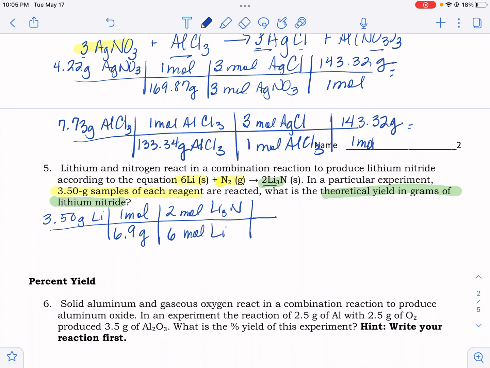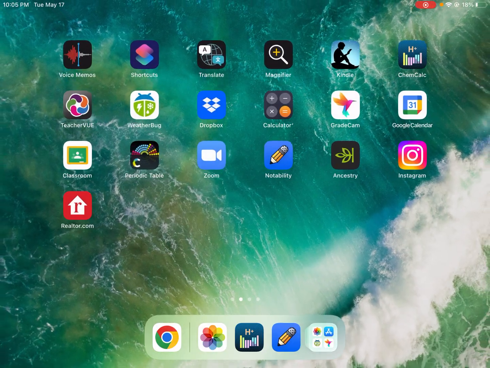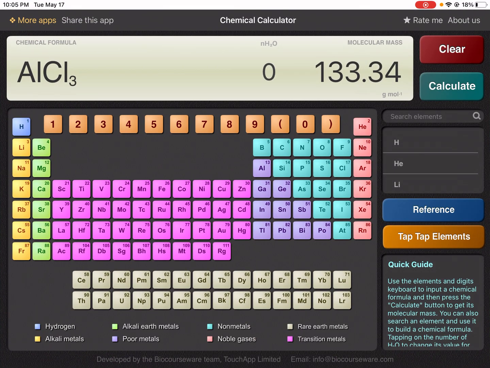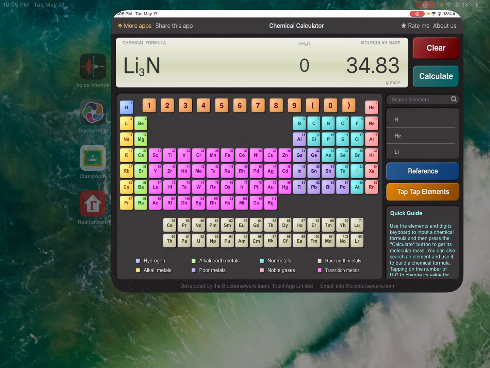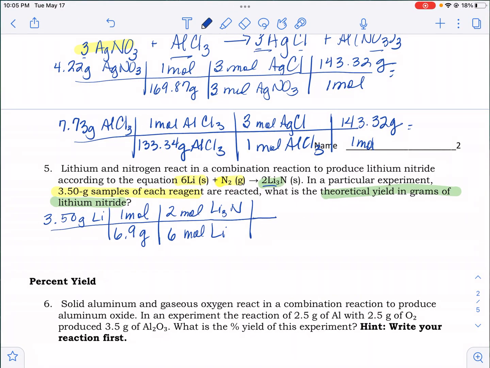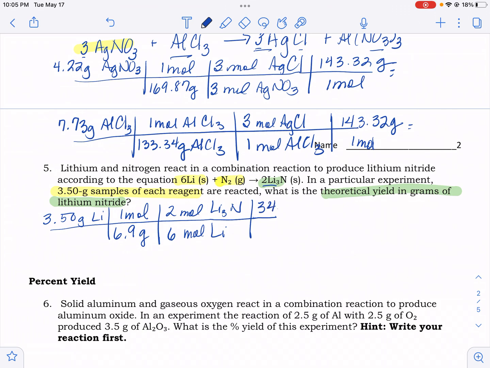Theoretical yield simply means, again, what is the maximum amount you will make, which means the smaller amount, because your maximum amount is made by whatever is limiting. And now we're going to do lithium nitride, 34.83 grams in 1 mole.